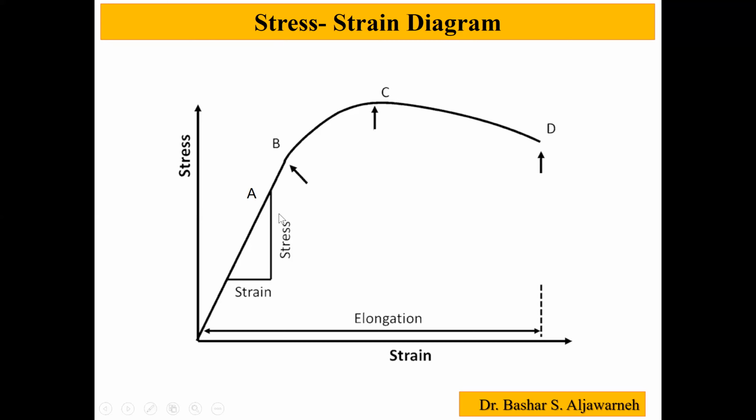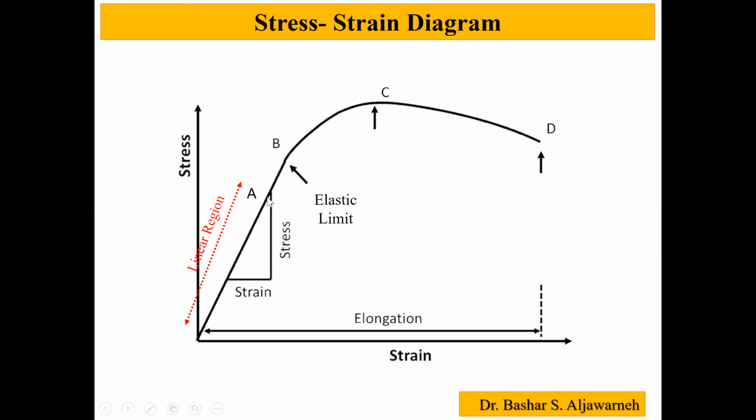Now, beyond point A, in other words, from point A to point B, the stress is no longer linearly proportional to the strain, where B here is called the elastic limit.